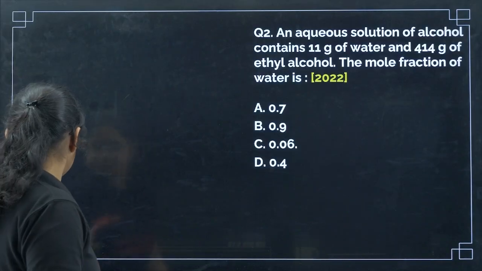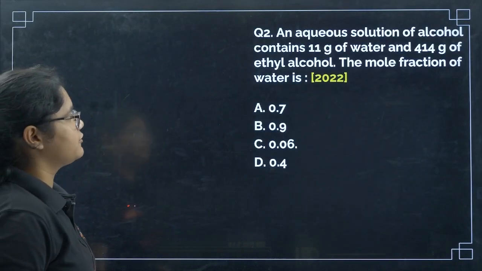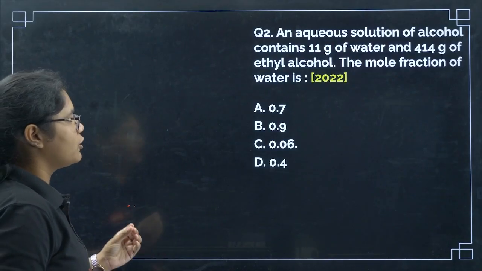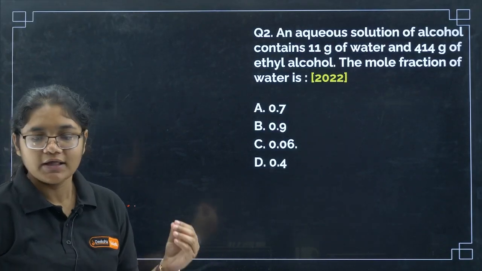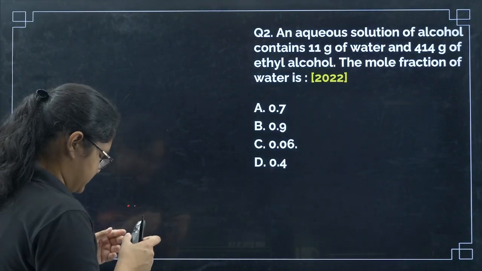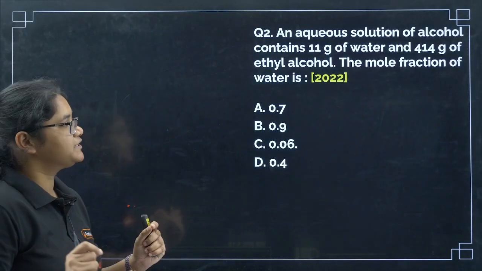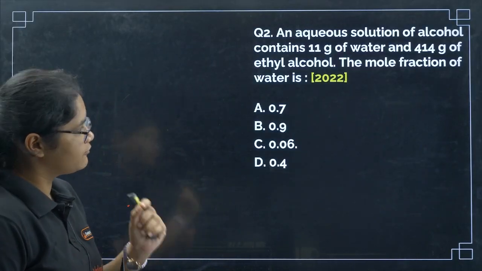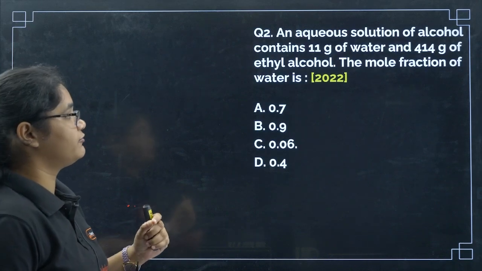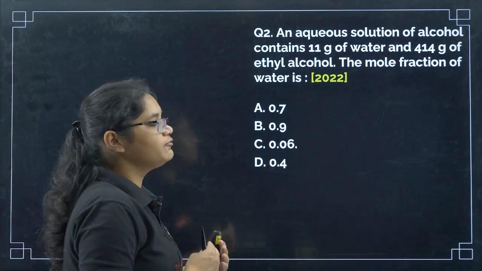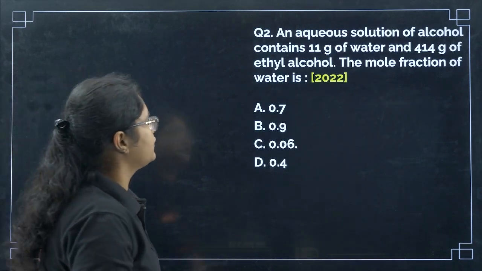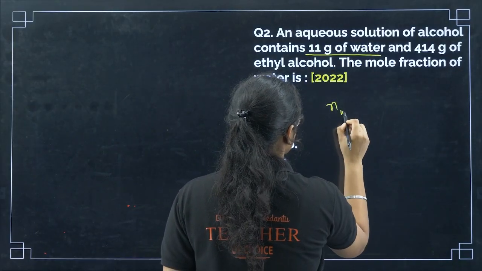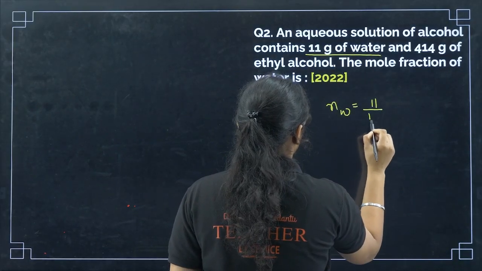Let's see question number 2. An aqueous solution of alcohol contains 11 gram of water and 414 gram of ethyl alcohol. The mole fraction of water is? We have 11 gram of water, so the number of moles of water is 11 by 18.